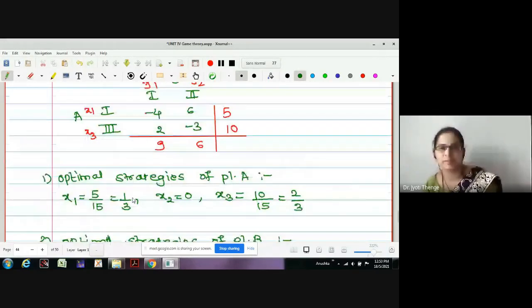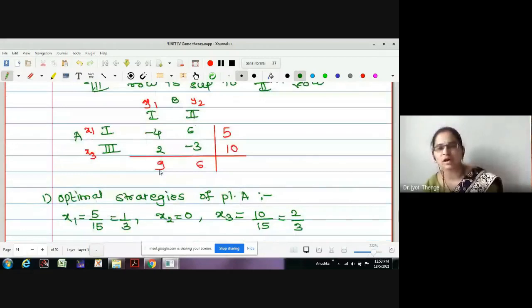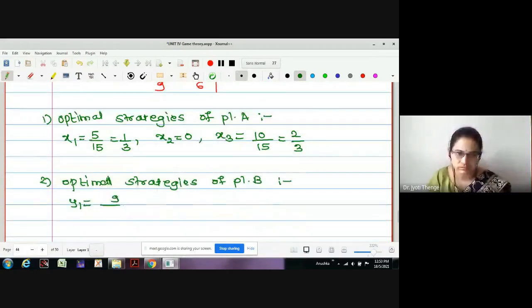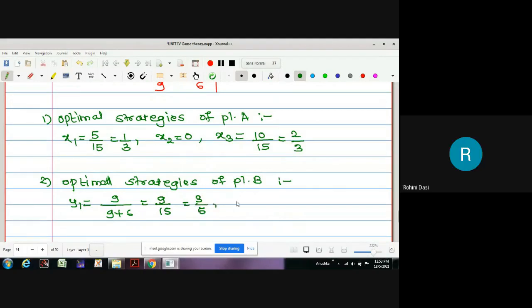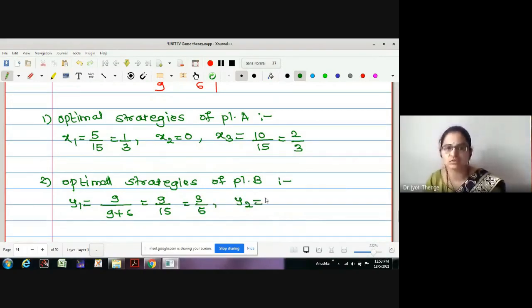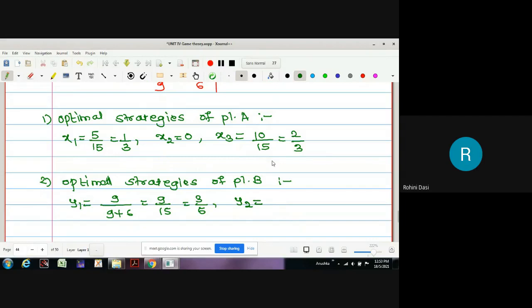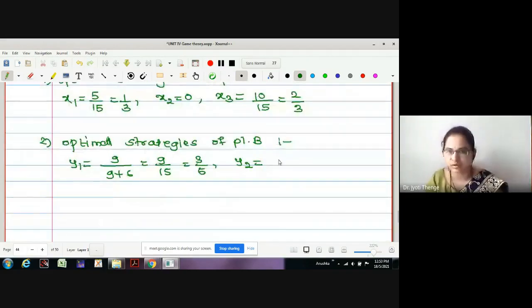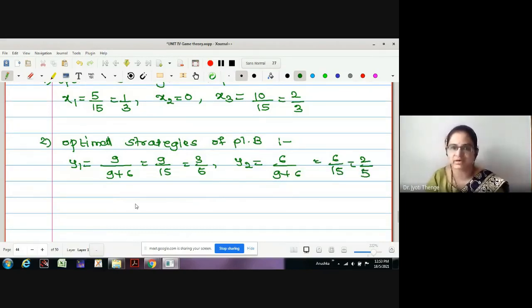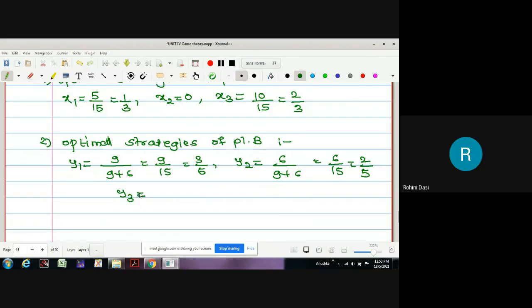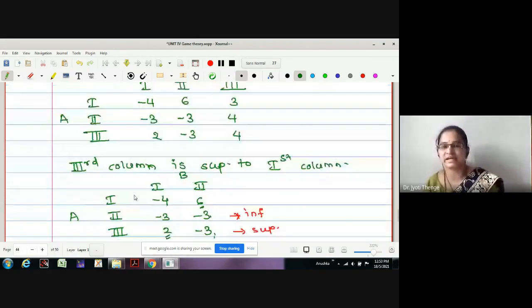Y1 is 9/(9 plus 6), right? 9/15, that is 3/5. What for Y2? 6/(9 plus 6), that is 6/15, which is 2/5. And what for Y3? 0, because we have deleted that third column.